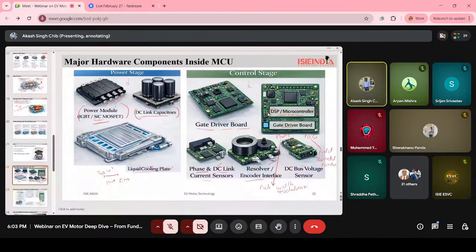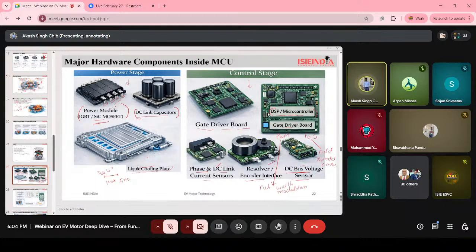Then the last one is our DC bus voltage sensor. Basically, the DC bus voltage sensor measures battery voltage, and it protects the system from over voltage.